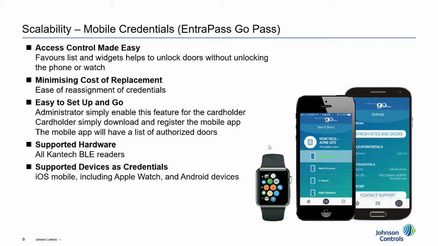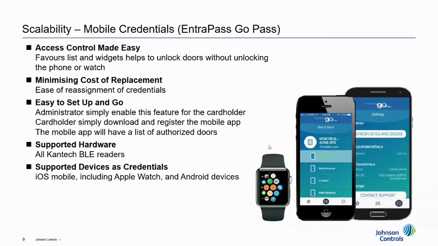With this EntraPass Go Pass, it works with our EntraPass server. This is not subscription based. What you do is you just purchase the virtual card. The virtual card will be saved within the EntraPass server.